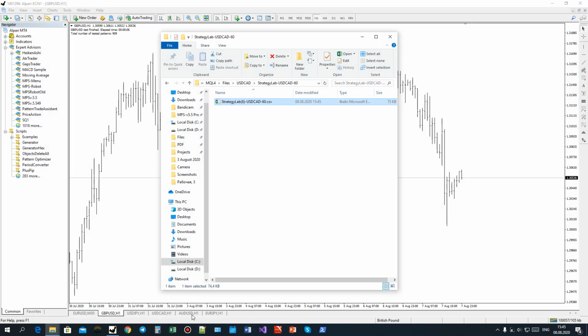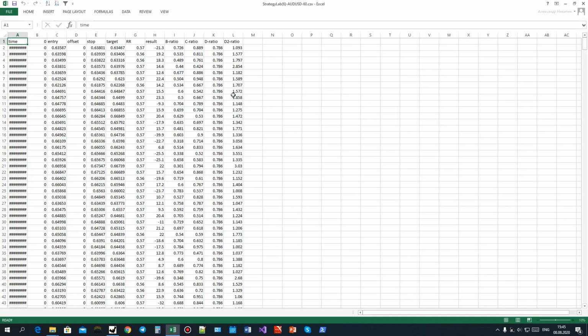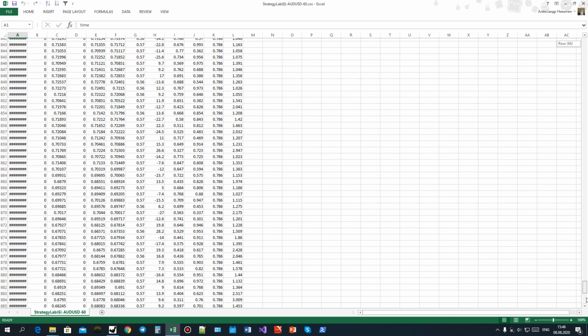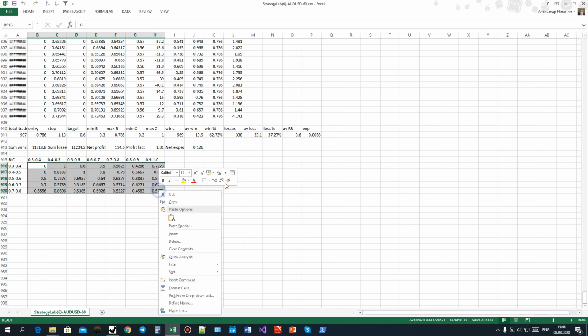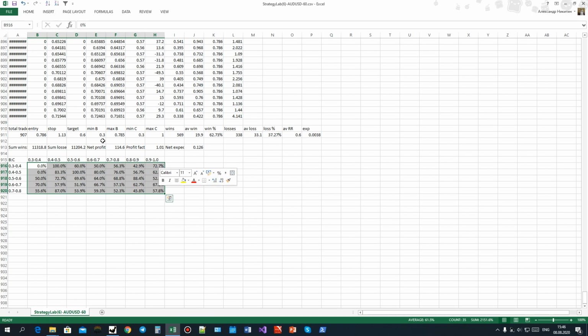Aussie dollar 1 hour. Here it is. Go to the bottom, turn into percentages.